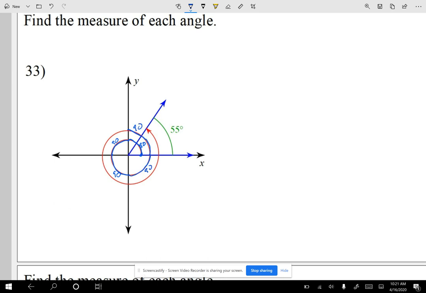That's another 90, that's 90, that's 90, and that's 90. Let's see how many 90s I have. I have 1, 2, 3, 4, 5, 6, 7, 8. 90 times 8 is 720. So that's 720 so far.